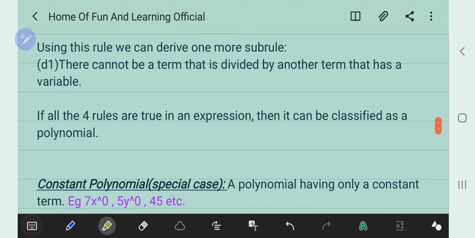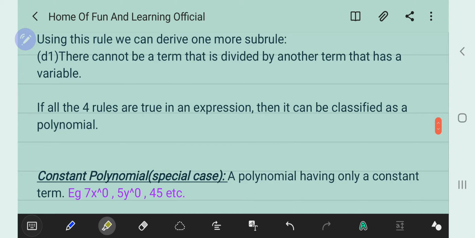And we have a special case here. Okay, it sounds weird, and some people accept this and some do not accept this, but let's just learn this. Okay, we have a constant polynomial. Now what is that? It is a polynomial having only a constant term.